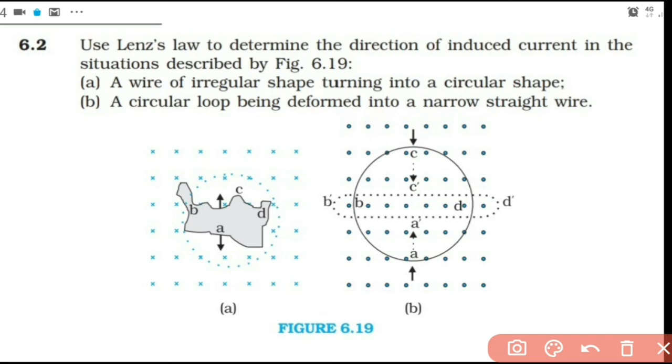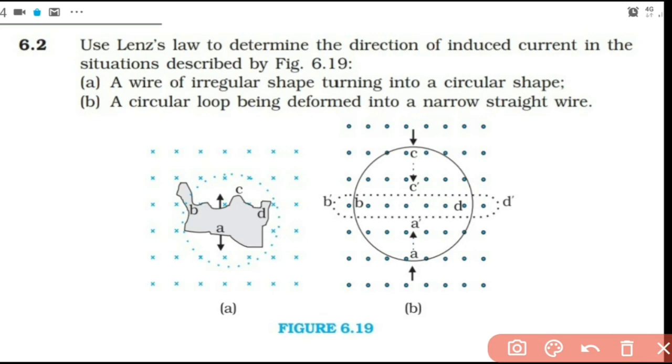And you know, when the shape of the loop is changed from irregular shape to circular one, its area increases. So the magnetic flux, or magnetic field in the into direction, is increasing. So to oppose that, the induced current should produce a magnetic field in the opposite direction, that means outward direction.